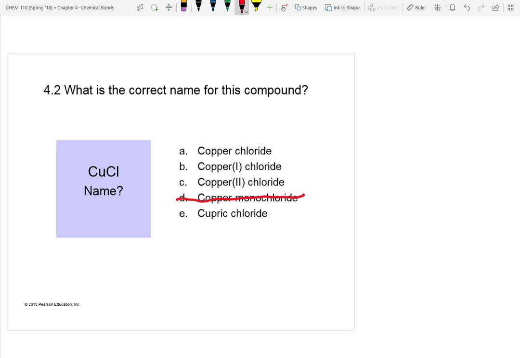Transition metal, copper's in that middle section. So it does need a Roman numeral, which means I can cross out these two. Now the question is, will the copper have a +1 or a +2 charge? Let's think about it this way. What's the charge on the chlorine? Be 1 negative, right? That means the copper, in order to balance it out, must be 1 plus, which means B would be the correct answer there. Does that make sense? Because we know chlorine's always going to be -1 when it's ionic.